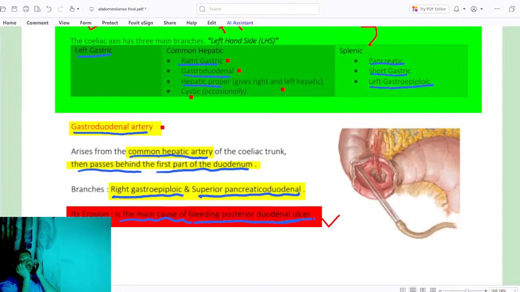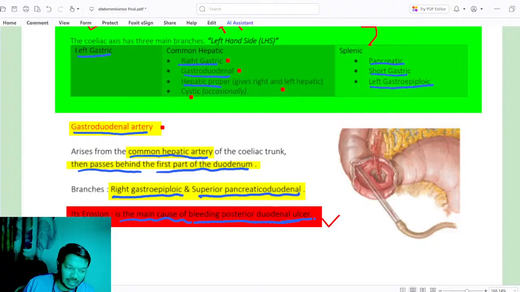Yeah, bleeding can happen from the stomach as well, right? Peptic ulcer in broad term we say, but if we branch it, there would be gastric ulcer and duodenal ulcer. So in gastric ulcer, bleeding can happen from any erosion, but if it is a duodenal ulcer and bleeding, mainly this bleeding occurs from the gastroduodenal artery.